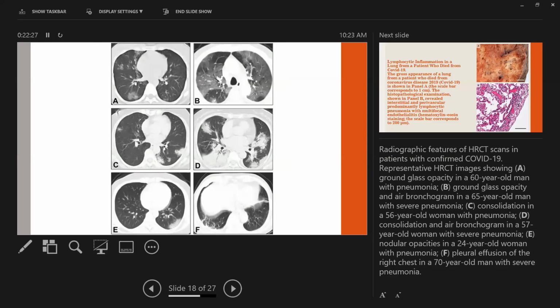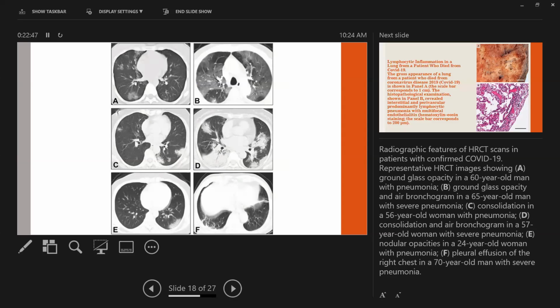This is essentially what the pneumonia looks like in a CAT scan. You get what's called consolidation. Oops, sorry. You have the alveoli filling up with fluid. As they fill up with fluid, they start to look opaque on the CAT scan. This is called consolidation.